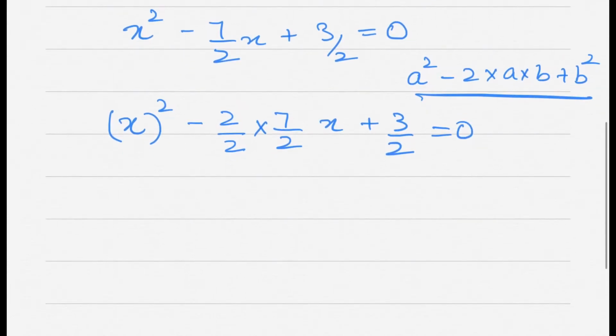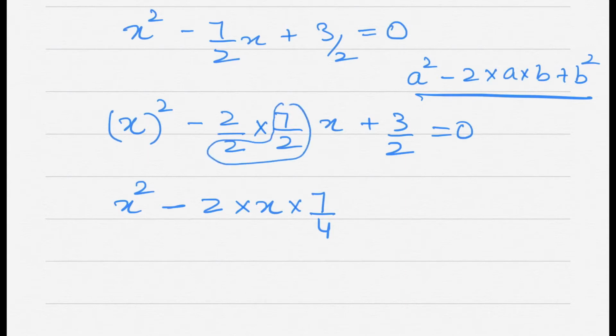Now I have got 2 here. So this is x square, a square term, and this I get as 2 into x, so 2 into a, and into 7 by 4. So this would be my 7 by 4, and x is there.